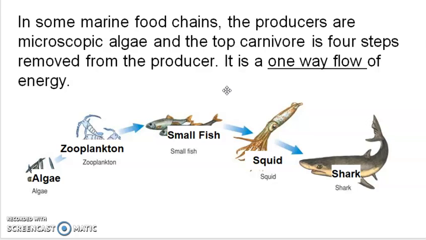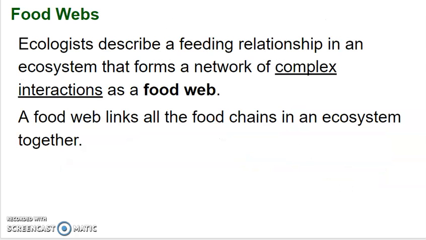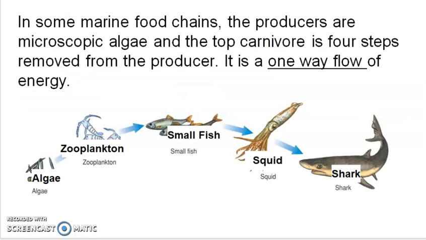Small fish are eaten by squids, and sharks eat the squids. But sharks can also eat the small fish, right? So this is one way of flow of energy, because algae cannot eat sharks. That is why we call it one way flow of energy.